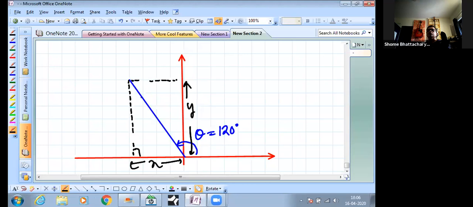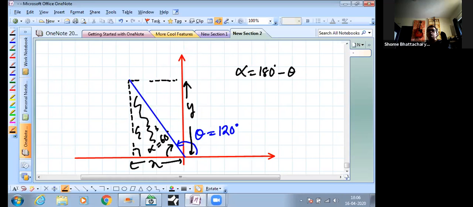So now we'll concentrate on this triangle for a moment. This is a right angle triangle, so we can apply our normal trigonometry here. For this triangle, if this angle is alpha, alpha will become how much? It will become 60 degrees, because alpha is actually 180 degrees minus theta. So when theta is 120, alpha is becoming 60 degrees.